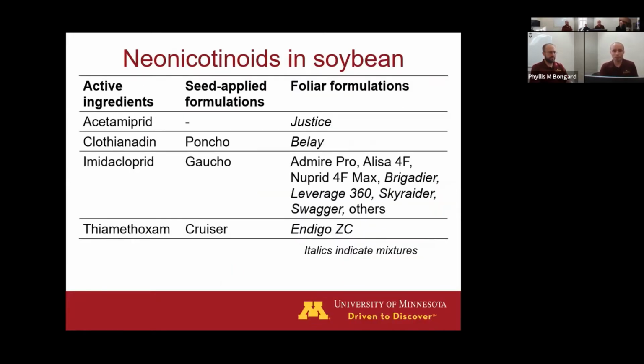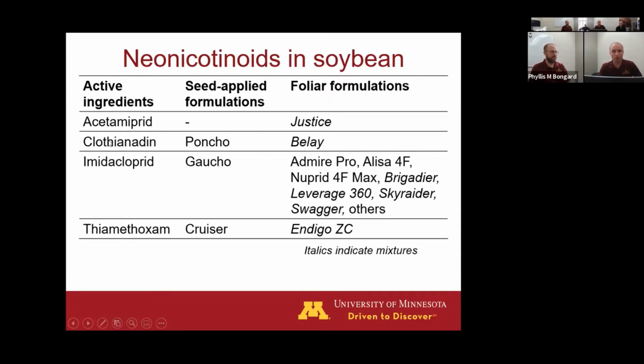So let's step back and talk about these in terms of product names that you might be more familiar with. We've got acetamiprid, which is one of the neonicotinoids, and that would be found in a product like Justice as a mixture. And in this table, the products that are in italic font represent the mixtures, and then regular font are products where it's just that one active ingredient.